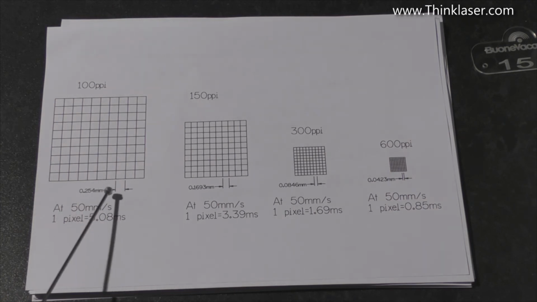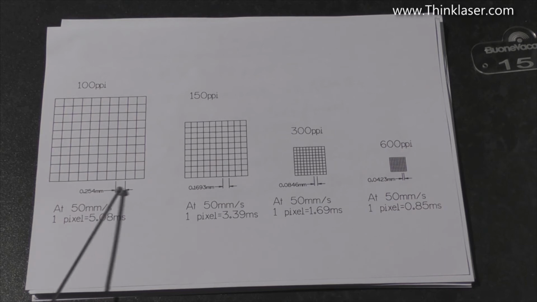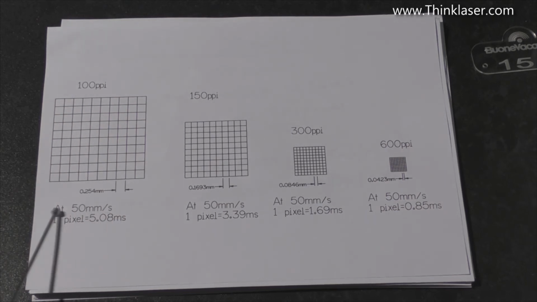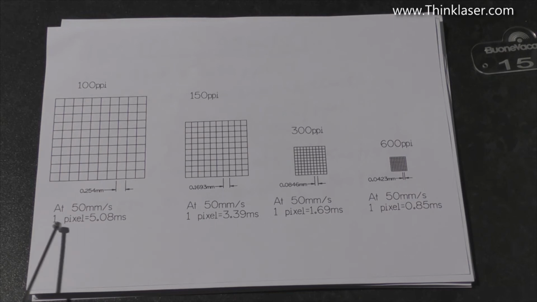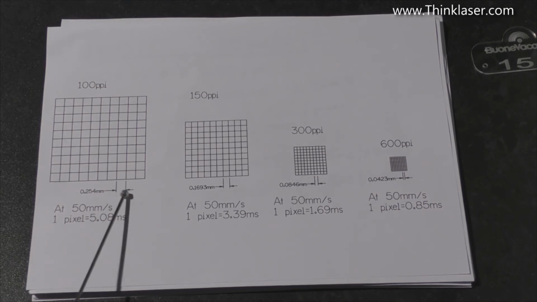Now, what that means is, as we've already seen, at 100 ppi, if we run this at 50 millimeters a second, and every one of these is run at 50 millimeters a second, we've already calculated on the previous sheet that it takes 5.08 milliseconds for a traverse across 1 pixel.